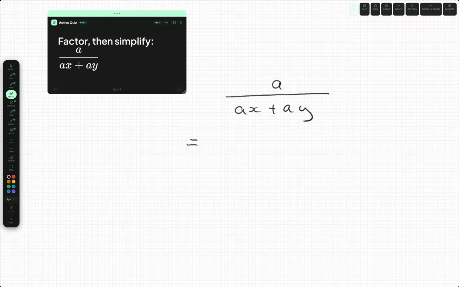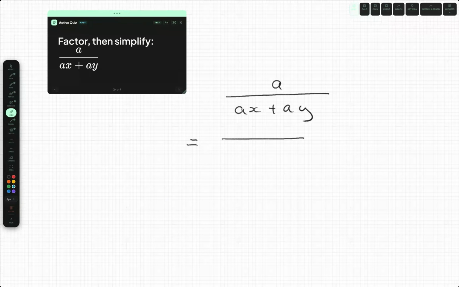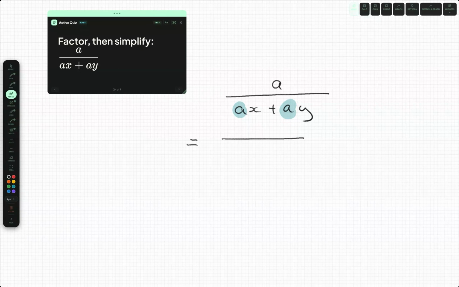So at the top we essentially have a, and then in the bottom we have our two essentially common multiples. So if a is being multiplied into both, we can bring it out the front as a common factor. ax divided by a is just x, and ay divided by a is just y.